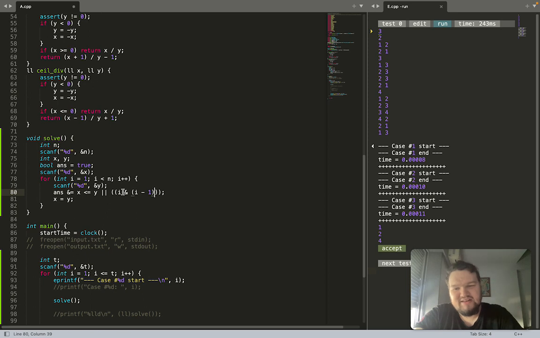If i is a power of 2, then this will be 1 and a lot of zeros, and this will be 0 and then a lot of ones, so their AND is 0. So this function checks if the number is a power of 2, but it only works for strictly positive integers. You can see that if the number is 0, then this is still true, but 0 is not a power of 2.